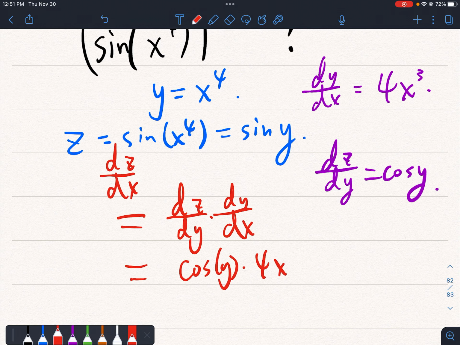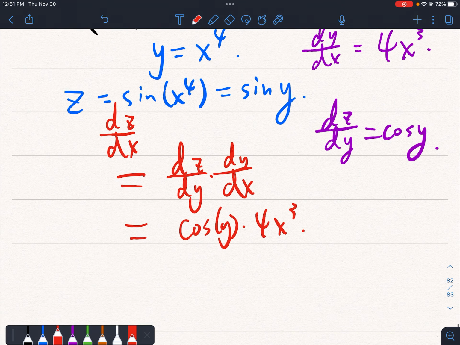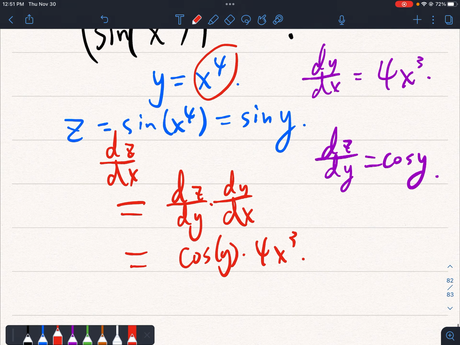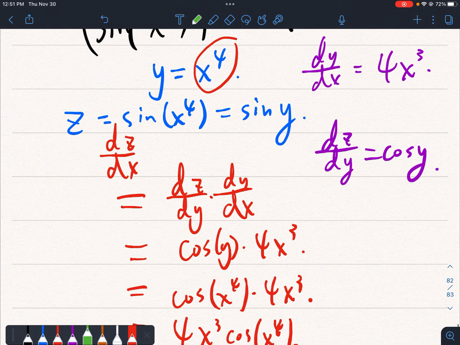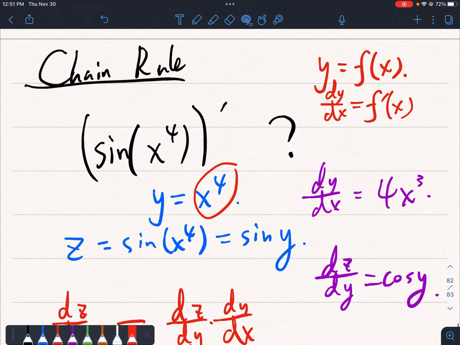So dz over dx is cos of y times 4 times x cubed. But what is y? y is x to the power 4. So this is cos of x to the power 4 times 4 times x cubed, which we can simplify as 4x cubed times cos of x to the power 4.